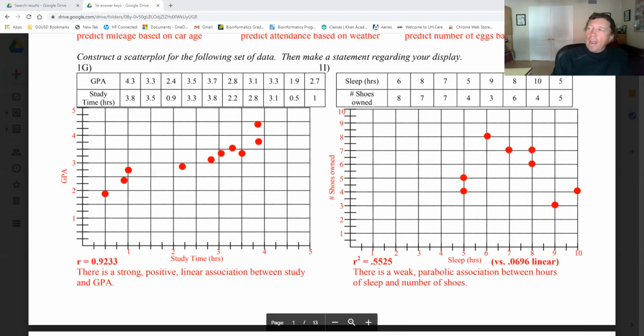anyways, let's back that up again so you can see it again. I'm going to go second quit. I'm going to go stat, arrow over to calculate, and I'm going to click on number 8. And then I'm going to tell it that I want X to be L1 and I want Y to be L2, okay? And then I'm going to hit calculate.